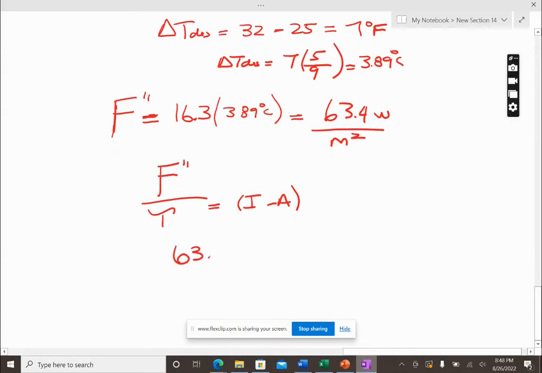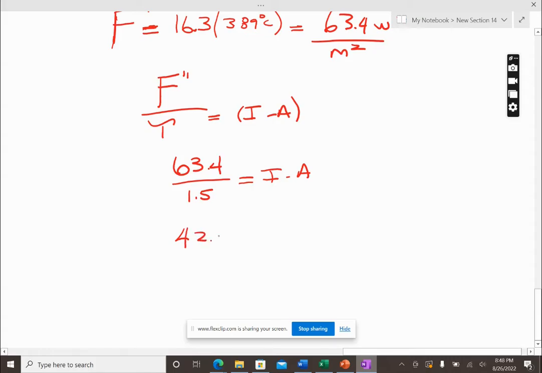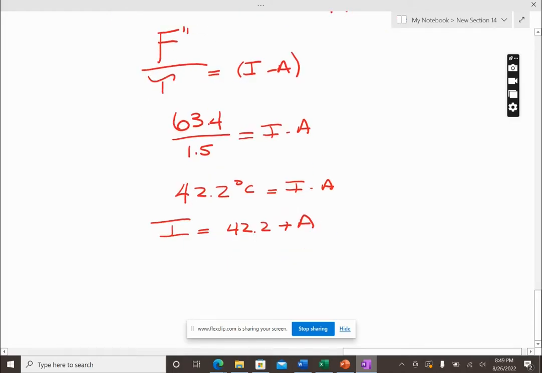And so we just write 63.4 divided by 1.5, and then equals I minus A. So I'm going to divide by 1.5, and we get 42.2 degrees Celsius equals I minus A. Adding A to both sides, we get the input I equals 42.2 plus A, because A ambient was 25, or negative 3.89, equals 42.2 minus 3.89.